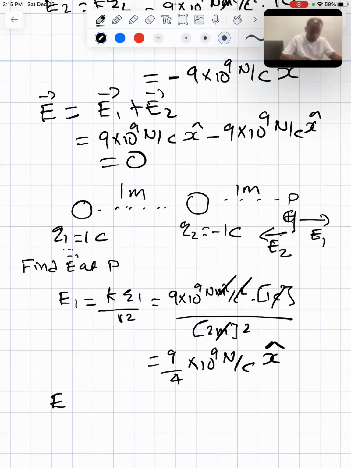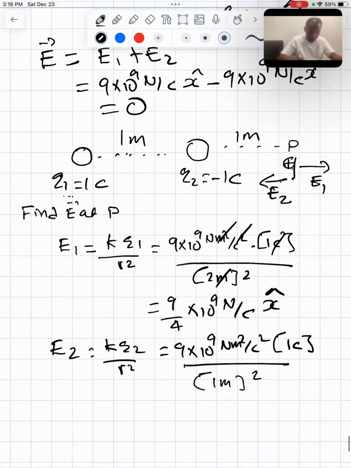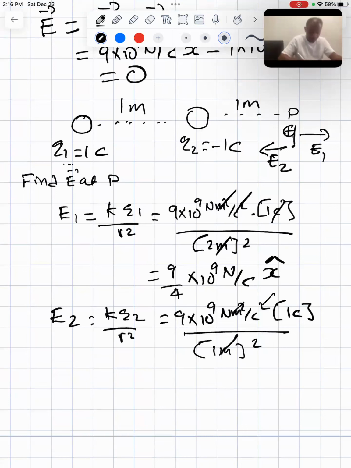For Q2, it's going to be K times Q2 over R squared. K is just the Coulomb constant. It's from experiment. Don't worry about that. Q2 is negative, but I don't put a negative number because I'm already taking care of the sign. And how far is Q2 from P? It's just 1 meter. Yes? And then do the algebra: meter squared, coulomb cancels coulomb.